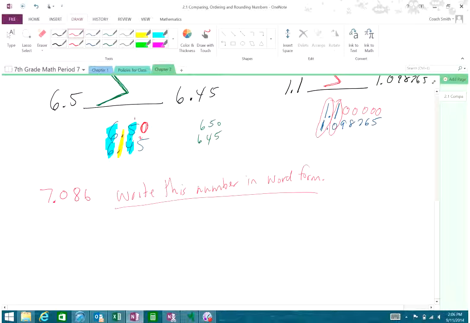Levi, help him out. 7 and 86,000? Yes. 7 and 86, obviously when you spell that out, not just write it in numbers. 86 thousandths. That's how you would write that number in words. You must identify this last digit here, what place value it's in, so you can have the correct word at the end of your explanation.